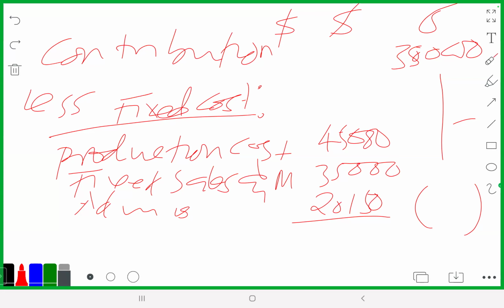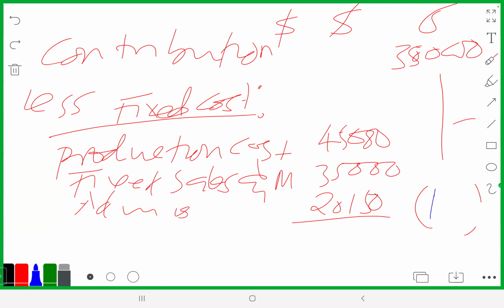How much do you find? The total of this is 101.50, and then the difference from the contribution will give us 249,850. No, the total of the fixed cost is 150.